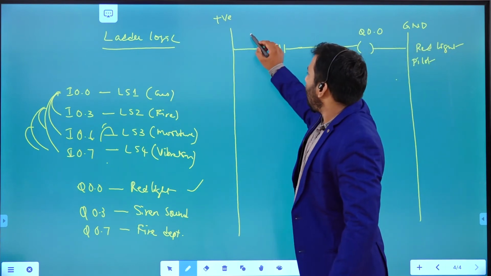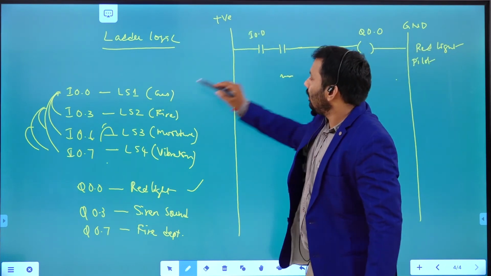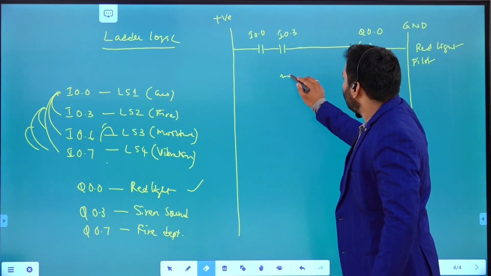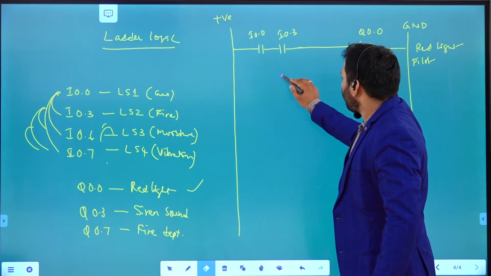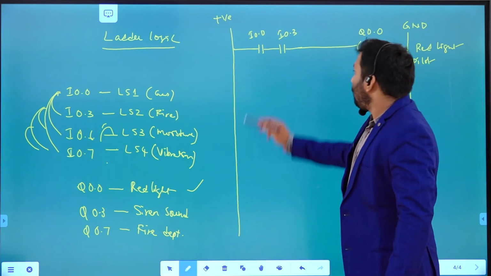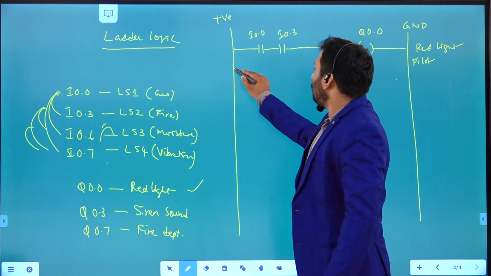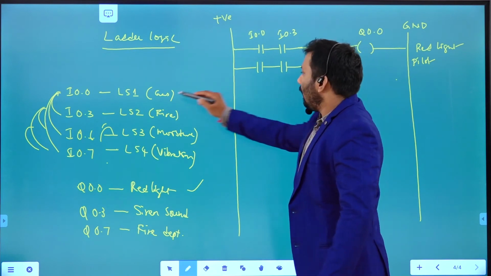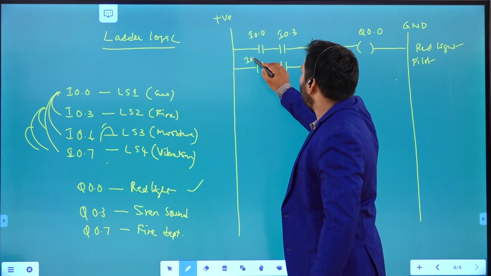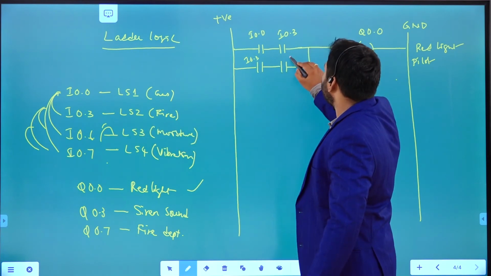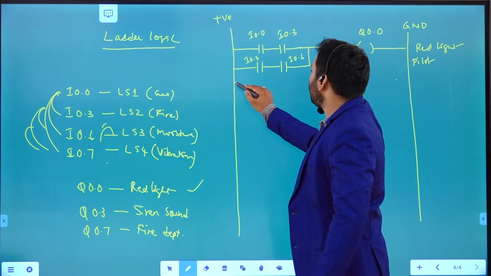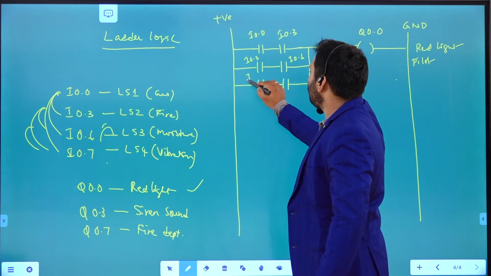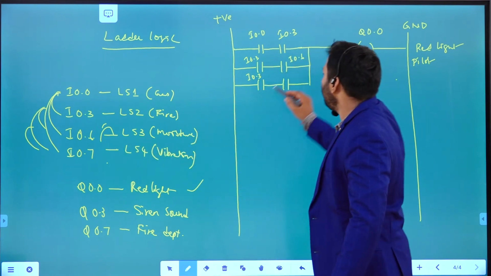That means what? I 0.0 and I 0.3, right. I 0.0 and I 0.3 are in series. Very simple, right. I 0.0 and I 0.6. In a similar way, I 0.0 and I 0.7. Then I 0.3 and I 0.6, I 0.3 and I 0.7.